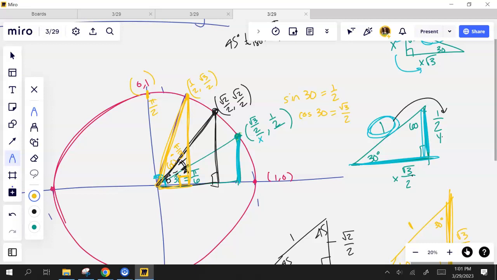Cosine of 30? Change over to radians. Hit mode. Sine pi over 6. 0.5. Cosine of 30, pi over 6.